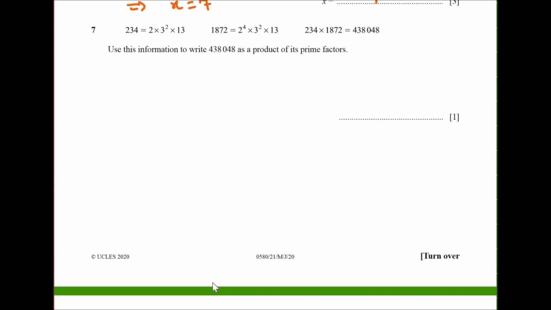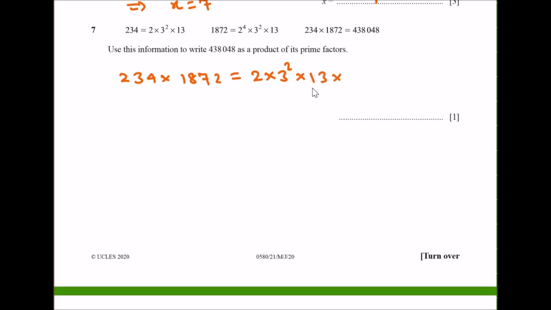So what you need to do, we need to combine both. So let's do 234 into 1872, that is equal to, for 234, it is 2 into 3 squared into 13.